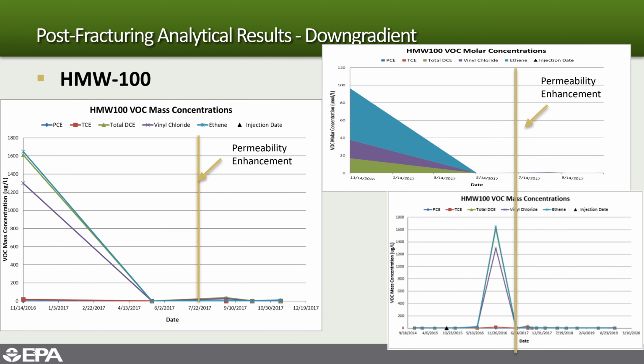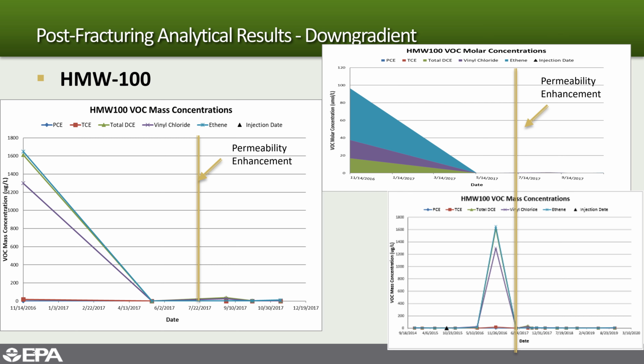Now this is down gradient of the source area, but similar to what happens in wells right in the source area. A similar situation happened post-fracturing events in the source area down gradient as well, where we already had significant decreases in mass concentrations due to the ongoing efforts.